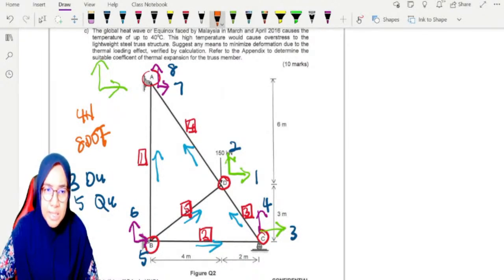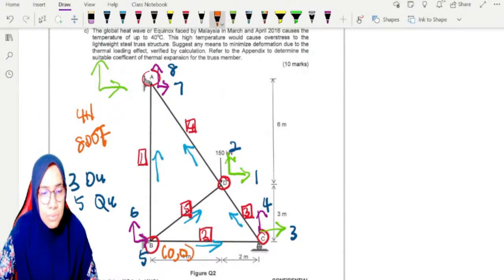We choose one node as the origin, and I choose B as the origin because then A, C, and D will have positive coordinates.